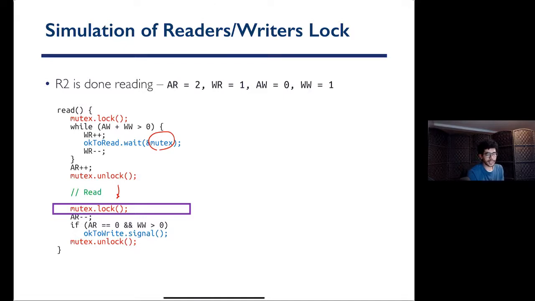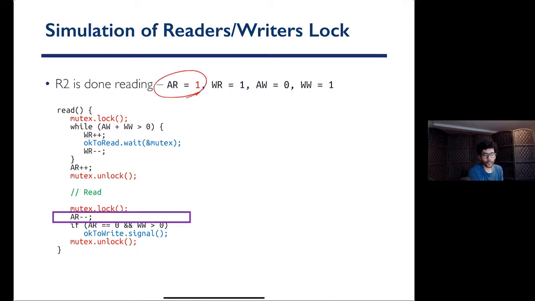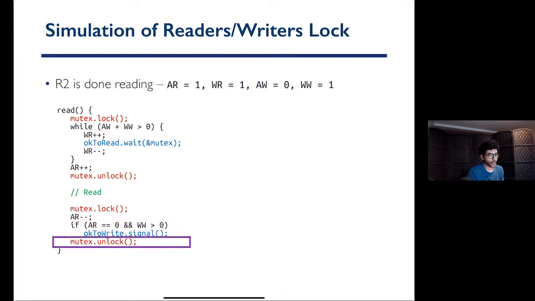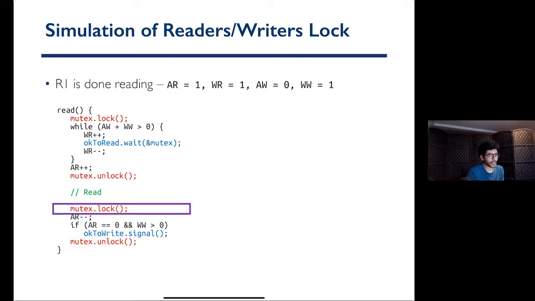It checks. AR minus one, so now we have 1 active reader. We're not the last one, so we don't do anything. R2 gets out, just decreasing active readers. Now let's say R1 wants to exit. It also decreases AR.